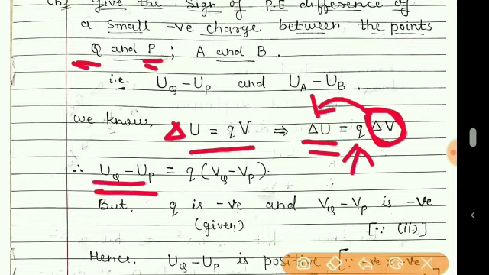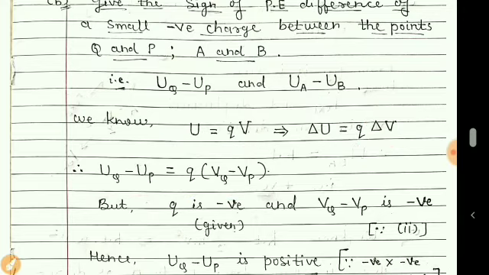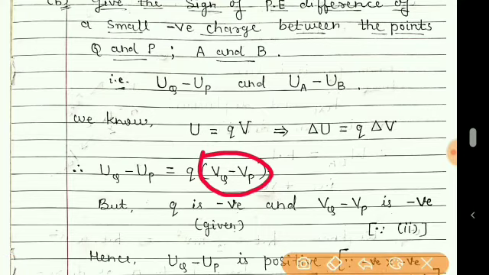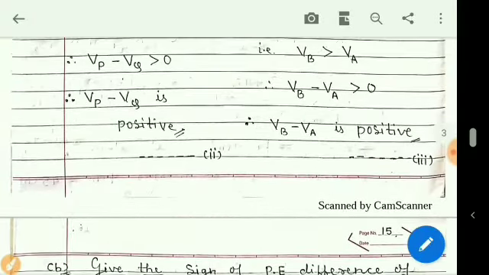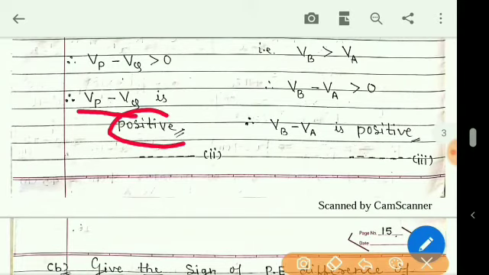So UQ minus UP is equal to q into difference in potential. Now we already know the difference in the potential, in the earlier case. We got the difference VP minus VQ as positive for that first figure.